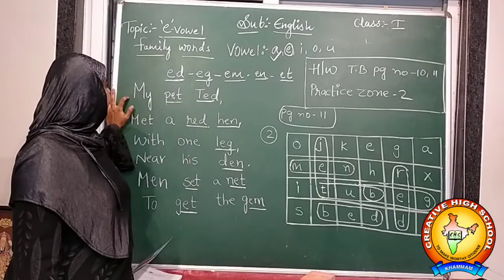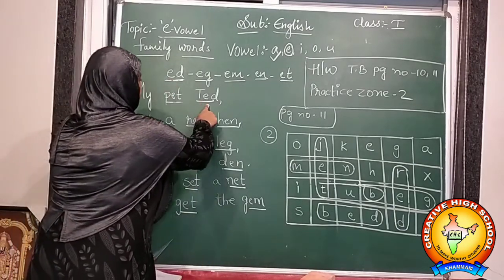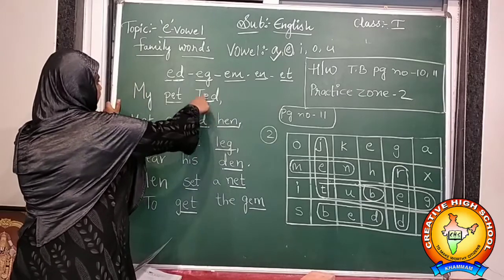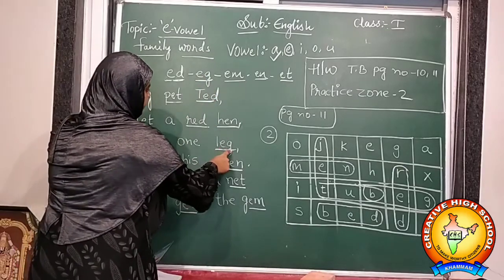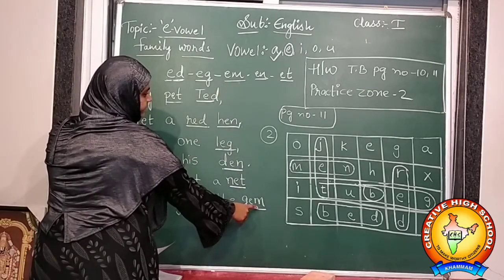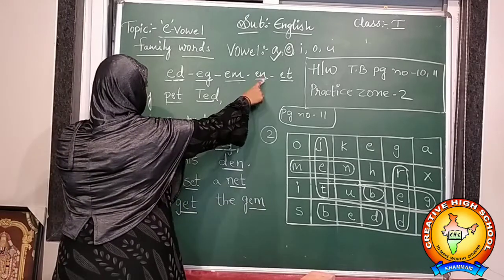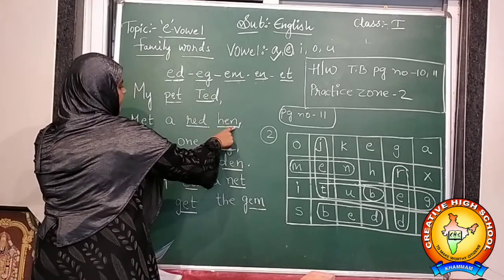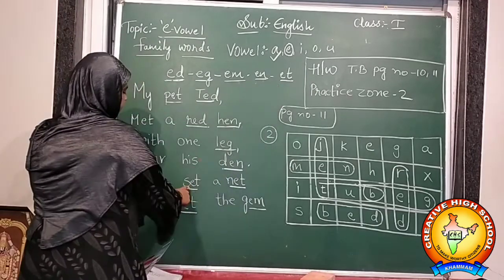So here ed is there. Here also we got ed, Ted. Here eg came, leg. Em came, gem. And en we got, hen. And et we got, net.